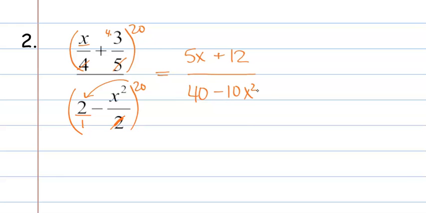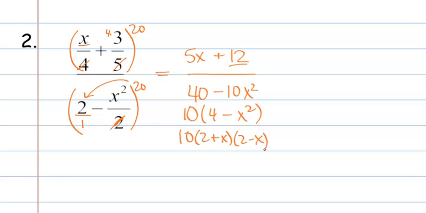Okay, so now we're going to do some factoring. We can pull 10 out of the bottom. And we get 4 minus x squared. Now I'm looking at this and thinking, boy, I wonder if that was supposed to be a 10 when this problem was created. Because I didn't create this problem. And I think it was supposed to be, because I can do all this factoring. I get 10, and for the difference of squares, 2 plus x and 2 minus x.